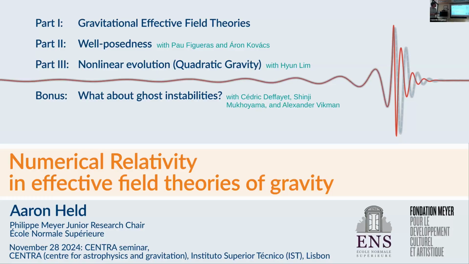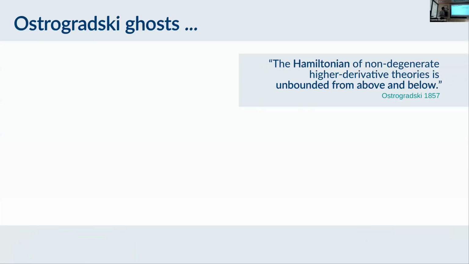And then you might be worried about ghost instabilities, because I will talk about modifications which include higher derivatives. And so these are known to come with so-called Ostrogradsky ghosts. I'll briefly say something about that now in the very beginning, but then I'll keep all of that under the hood. All right, so let me get this out of the way.